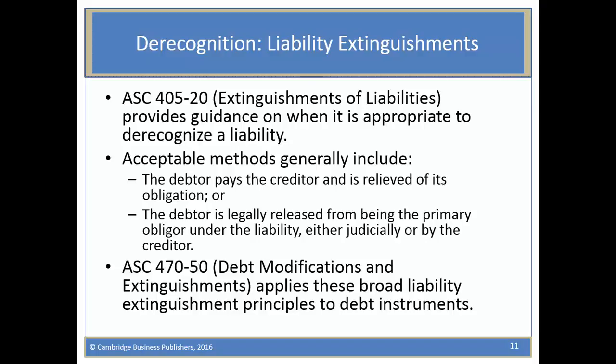Acceptable methods generally include the debtor pays the creditor and is relieved of the obligation, or the debtor is legally released from being the primary obligor under the liability, either judicially or by the creditor. ASC 470-50, Debt Modifications and Extinguishments, applies these broad liability extinguishment principles to debt instruments.